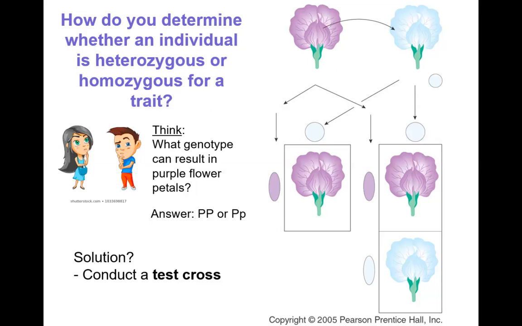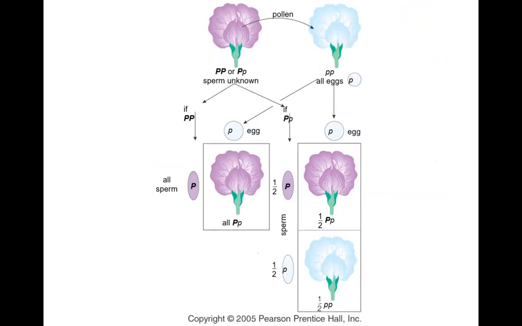But if the purple flower is homozygous dominant, no matter how many times you do a test cross between the unknown purple flower and a white flower, you would always get purple flowers, and you would not be able to get the white flower to come out if you do this experiment enough times. This is what we call a test cross. It's used to figure out the genotypes of a particular trait that the organism has.